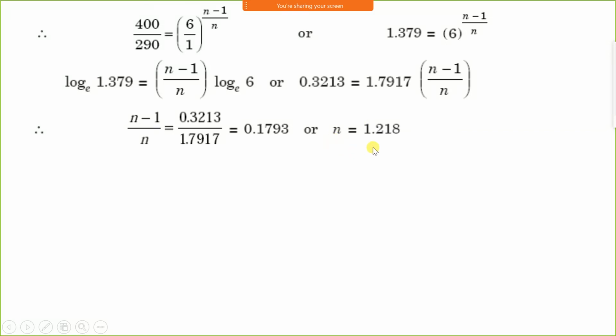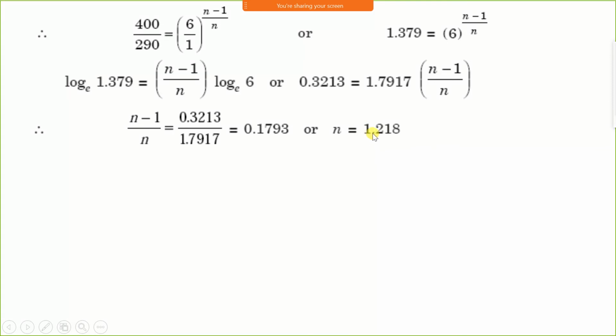Since this is a polytropic process, you will get a value of n other than 0, other than infinity, other than 1, and other than 1.4. Normally we get the value of n between 1 and 1.4.